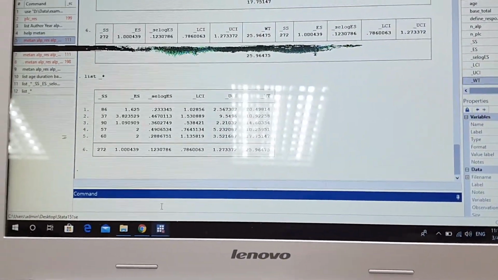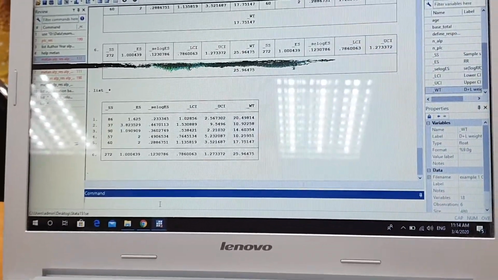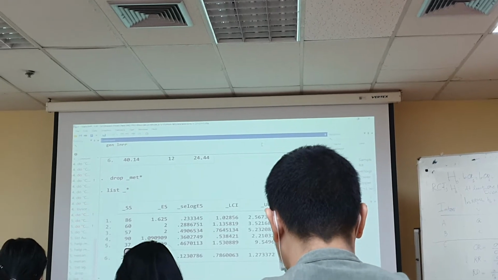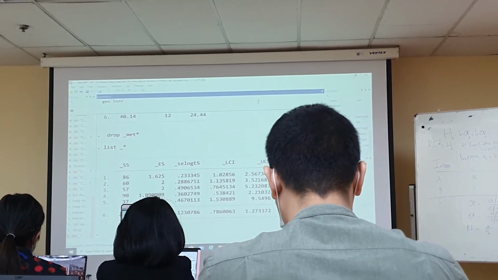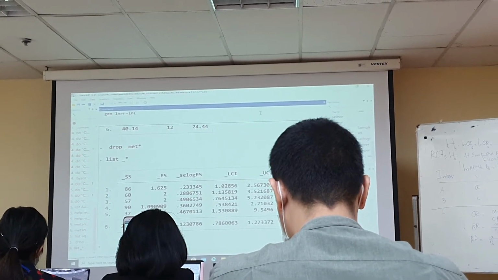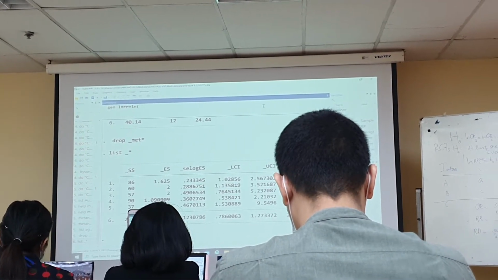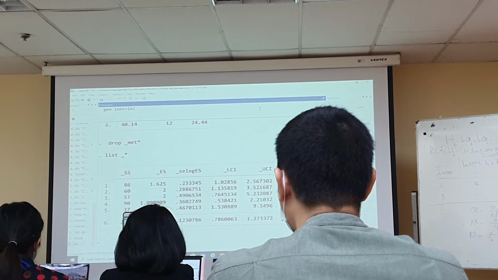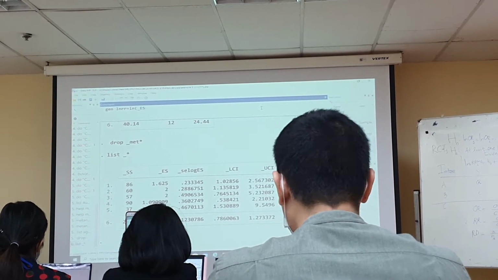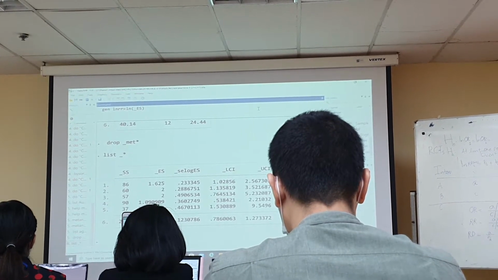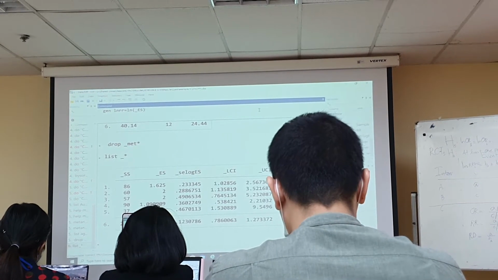The outcome is the log risk ratio. I name it log r equal to log, that is the function in Stata, ln, the natural log of underscore es, right? That is the risk ratio that Stata generated for us.